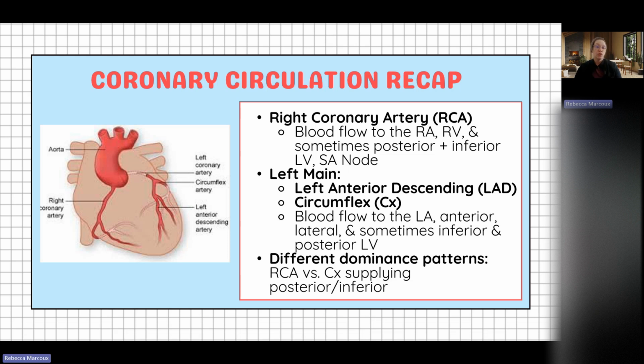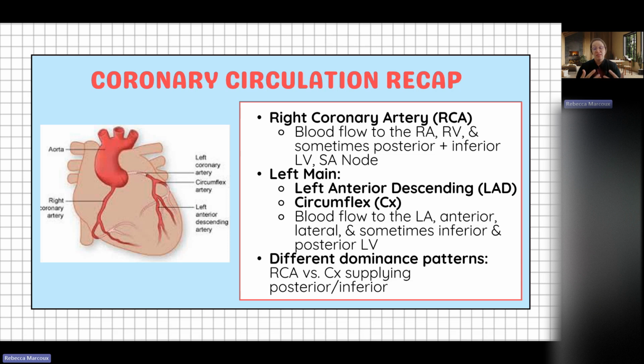Okay. So when you hear us talk about the left circulation, you'll hear us talk about the left main, the left anterior descending, or the LAD, and the circ. However, it's important to remember that both the LAD and the circ branch off of the left main. So if your left main is blocked, big issue, because you're fully blocked to your circumflex and your LAD.